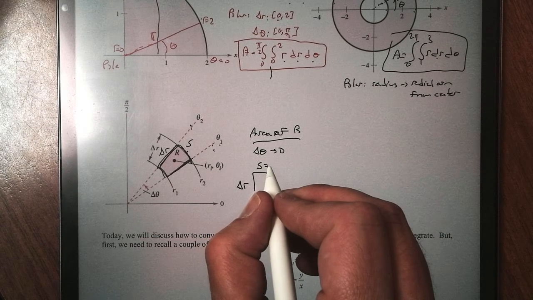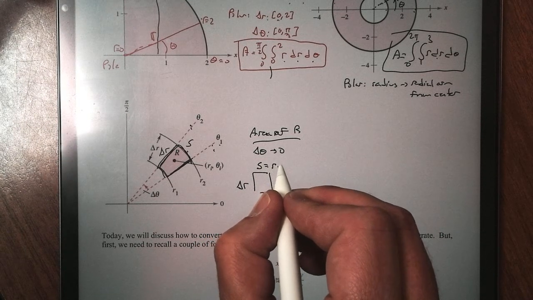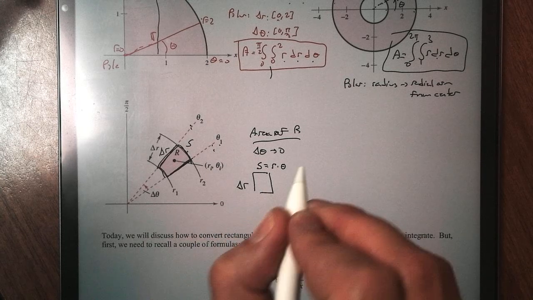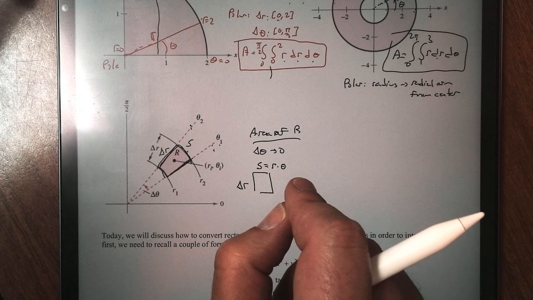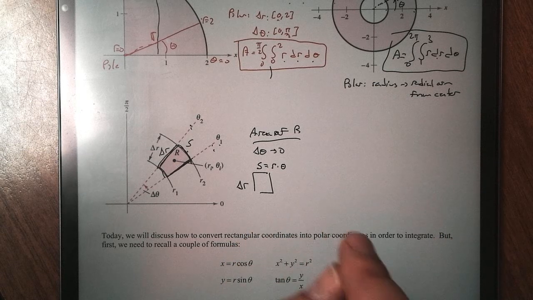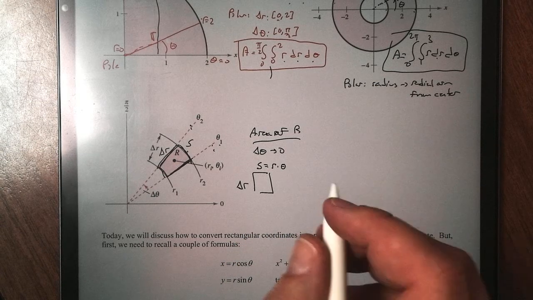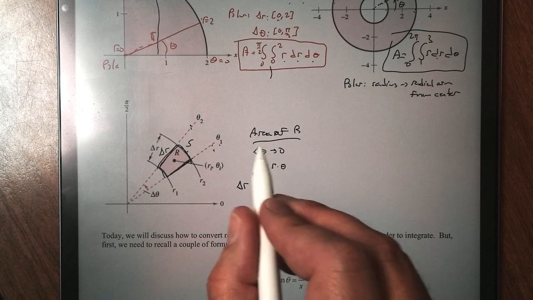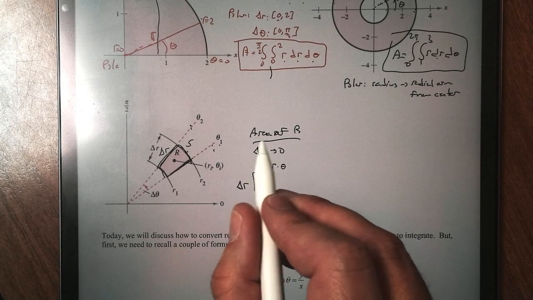Well, how do we find arc length? That is just R times theta. But remember, theta is changing and going to 0.